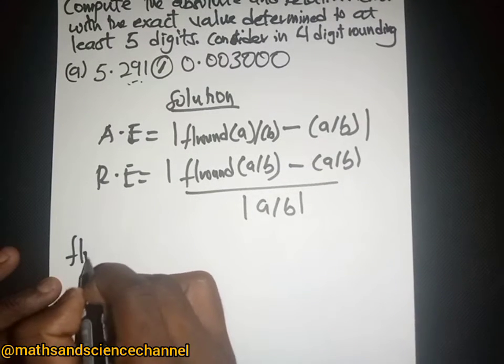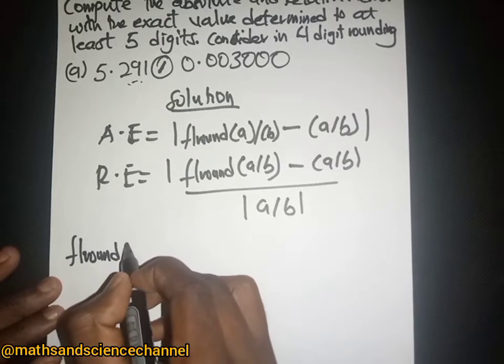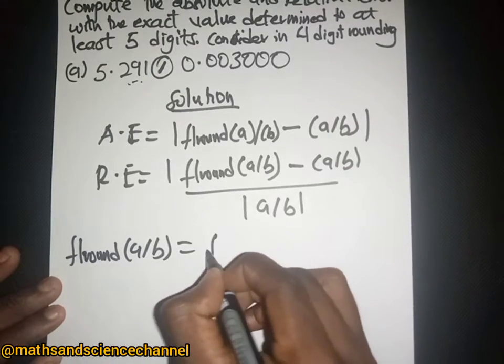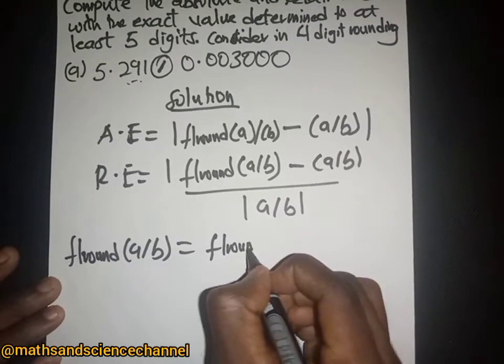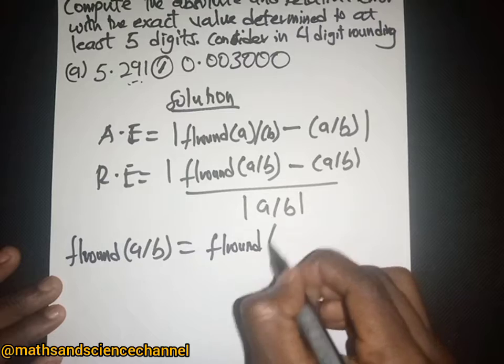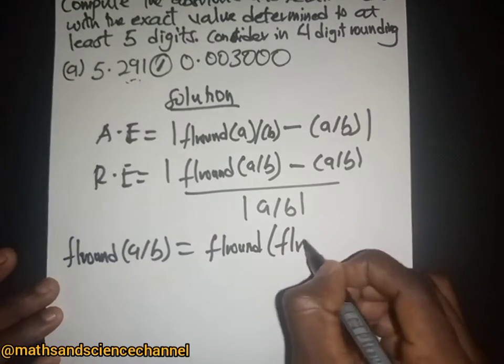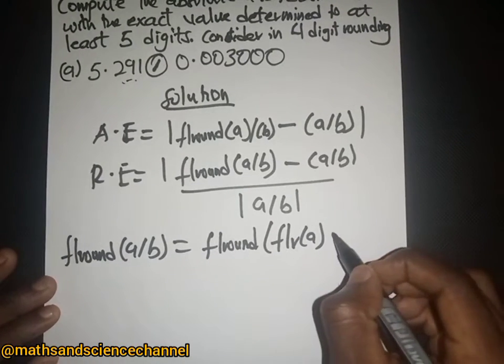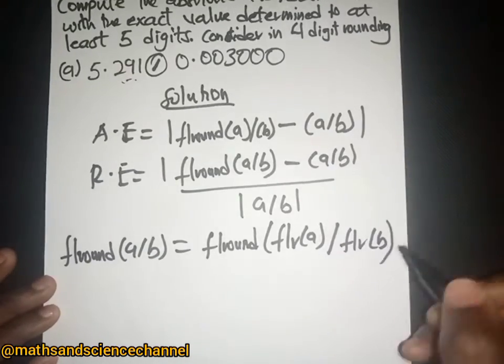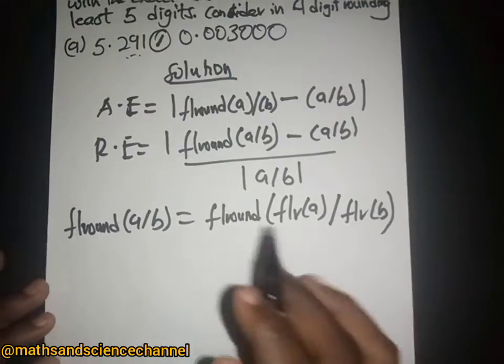But first we have to find the floating round. The floating round of a divided by b is given by the round of a, divided by the round of b.